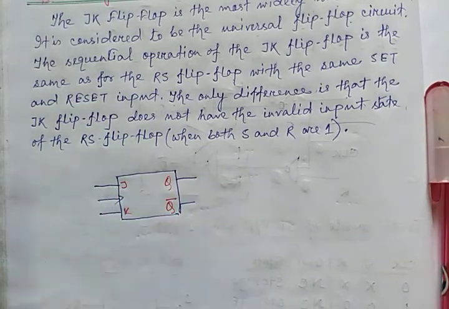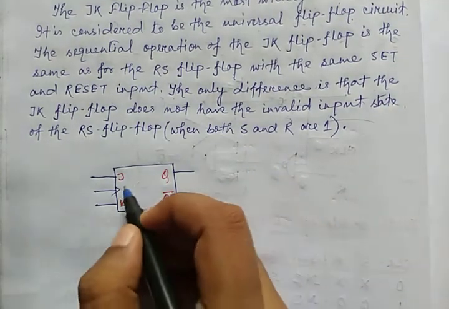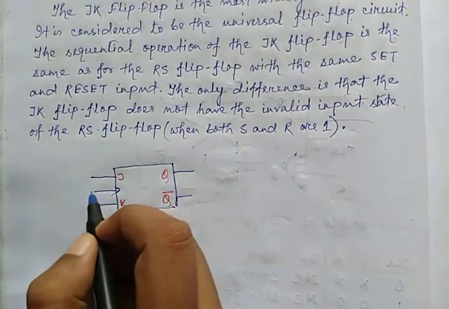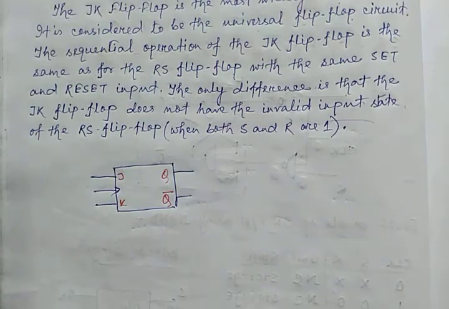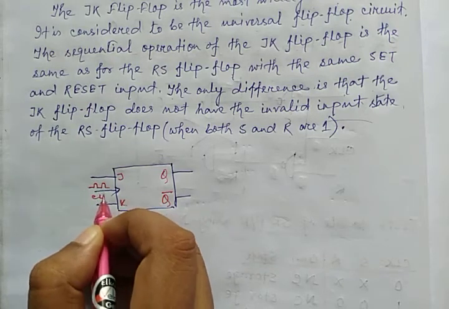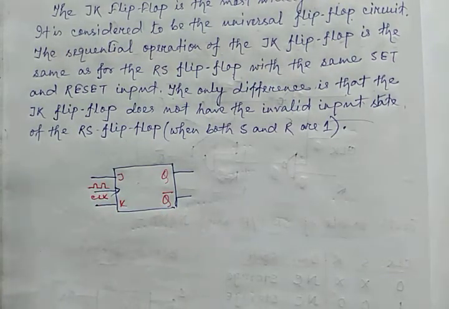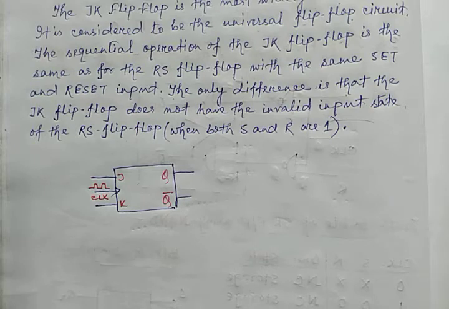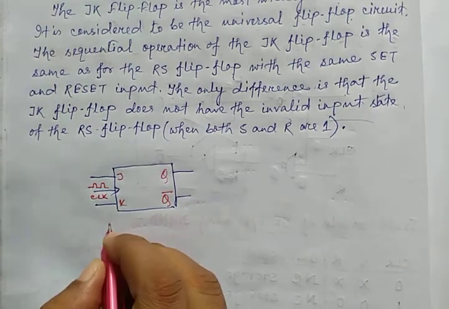If it is edge triggered, then an arrow sign must be there on the clock. So this is the block diagram of JK flip-flop.